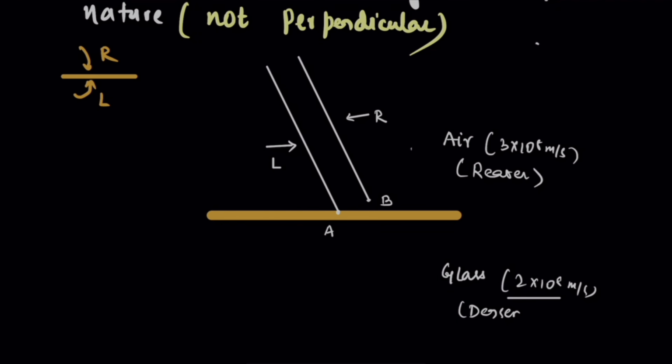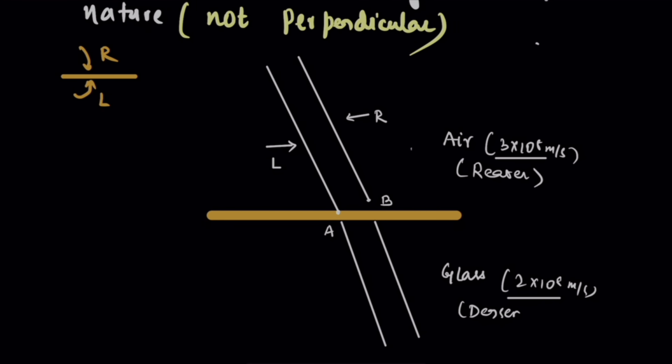But B is in the same medium, so B wants to move with the speed of 3 into 10 to the power 8. So because of this change in the speed on the surface, bending of light takes place. And when both the left and right incident rays pass the surface, then again they will follow the same path.